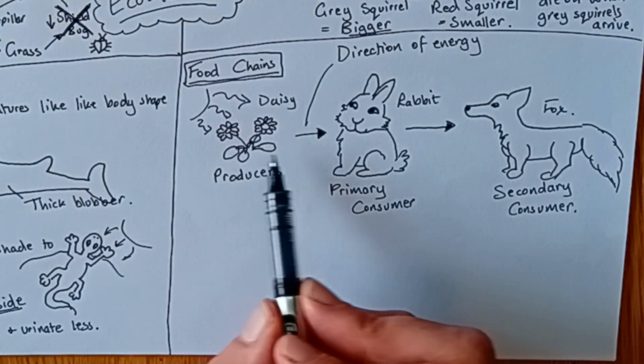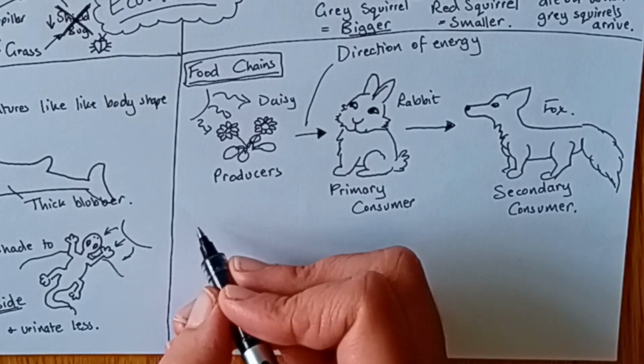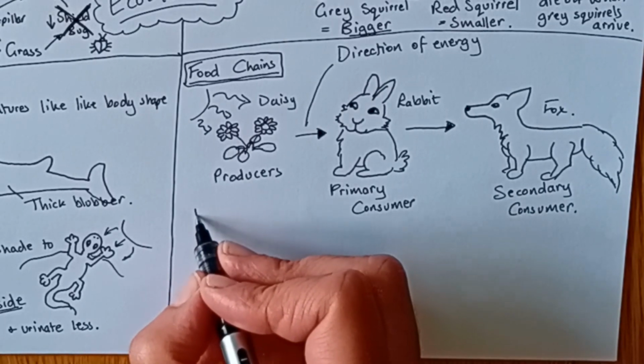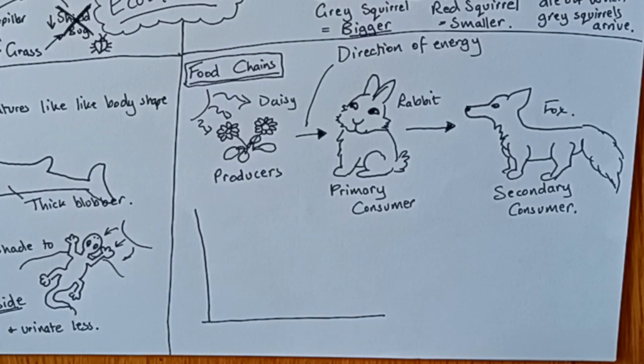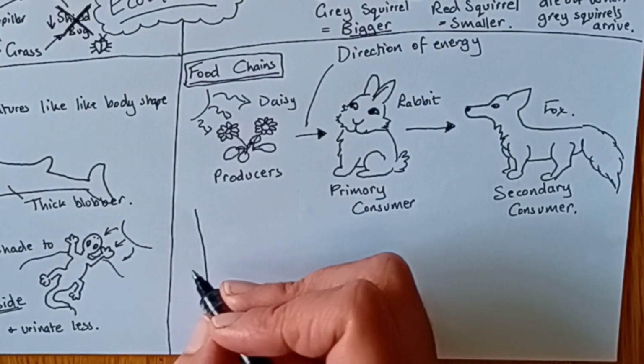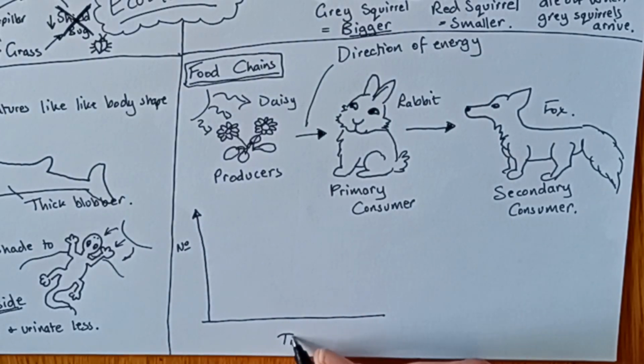So in a food chain then, we can get fluctuations in the populations, and we can get what we call a predator-prey cycle. So we're going to draw a graph of the number of foxes and rabbits. Right, so I'm just going to put number up the side. I'm going to put time along the bottom.